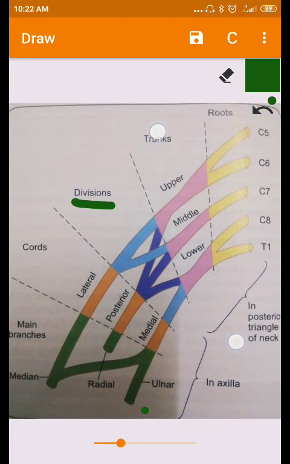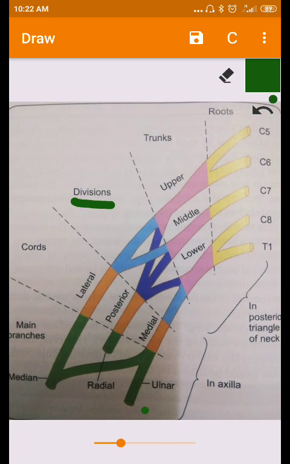The next stage is the cord stage. These cords are finally going to give branches.